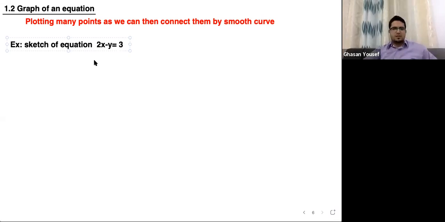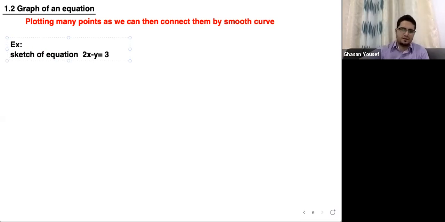So the question is, sketch this equation 2x minus y equals 3. How can we graph something like this? Any idea?